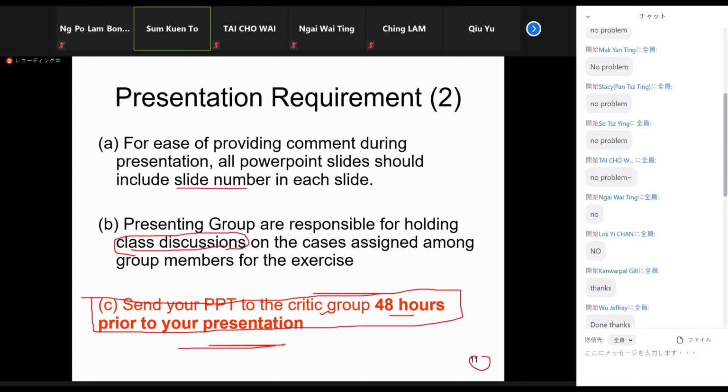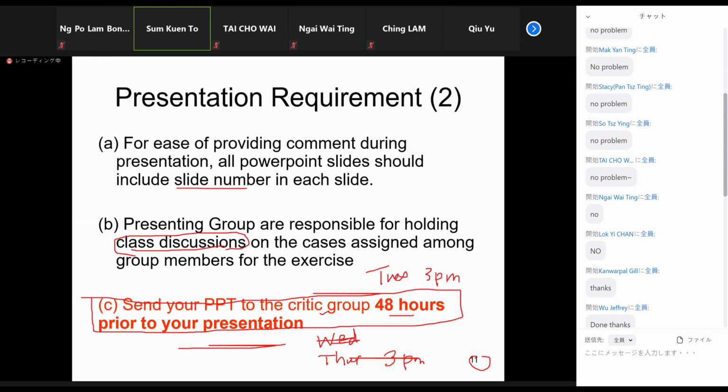It means that you will be presenting on Wednesday. Today is Thursday. Thursday, 3 p.m., which is the class schedule for now, for today. And then it means that you must send by Tuesday, before Tuesday, 3 p.m. to the critique group so that they have time to prepare the critique questions.